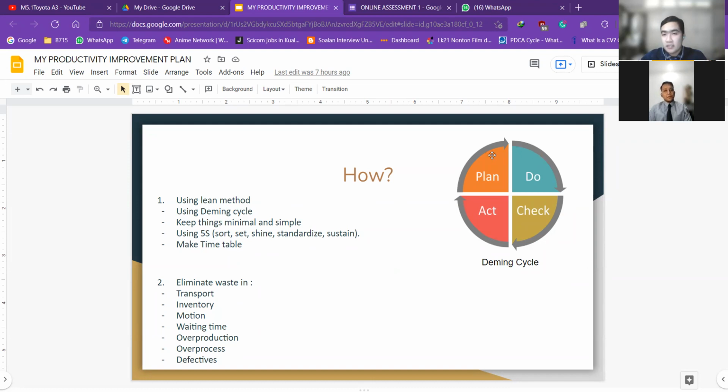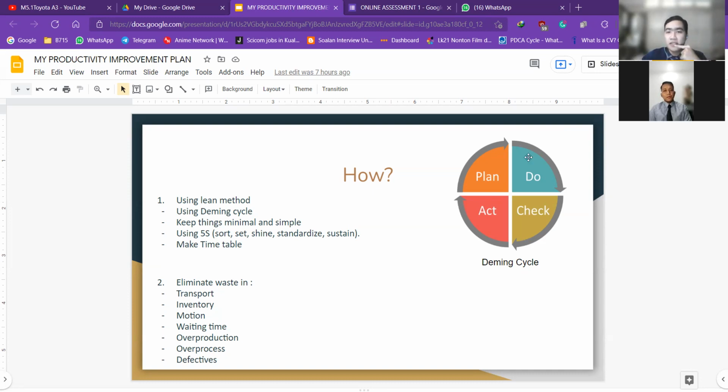As you can see in this figure, we start with plan, where we plan everything from A to Z. Everything must be coordinated so that things can be done in an orderly fashion.